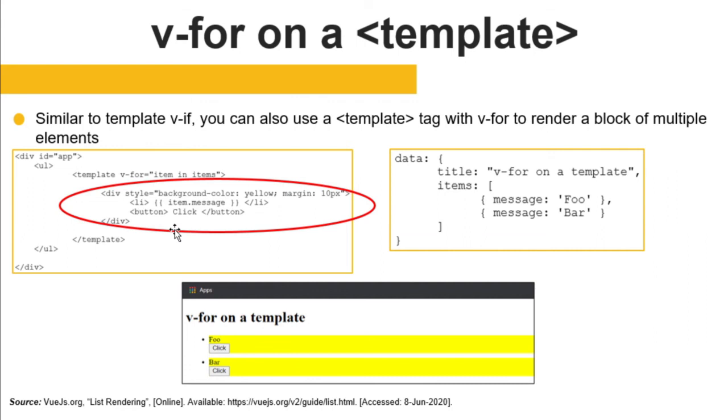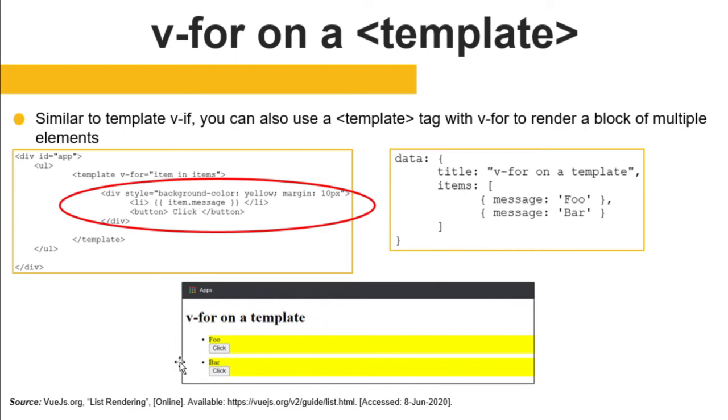So again, in our example, within our template, we have div, within our div, we have li, and within that li, we're still able to access the item as an alias. Okay, so again, after the alias, we are able to also render a button. So our output will be just like this one.